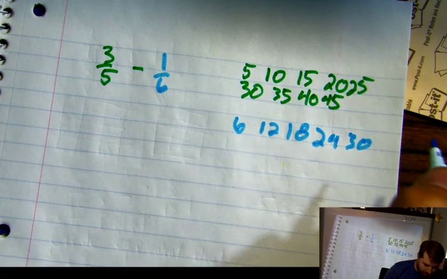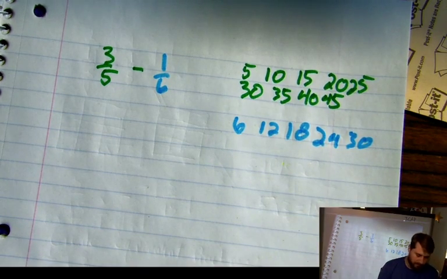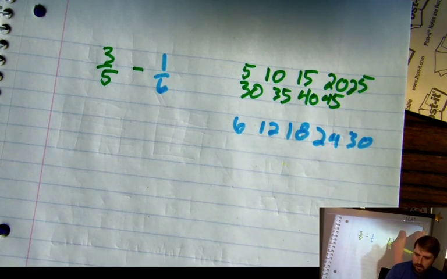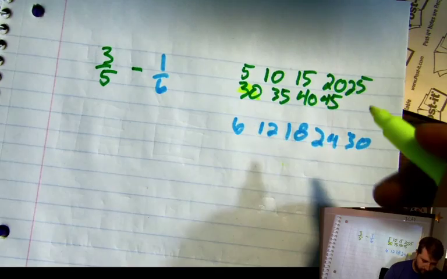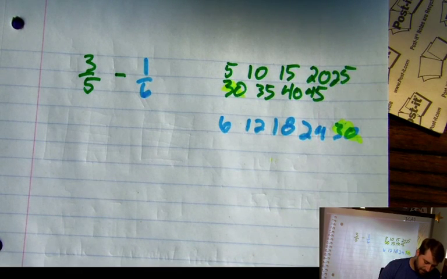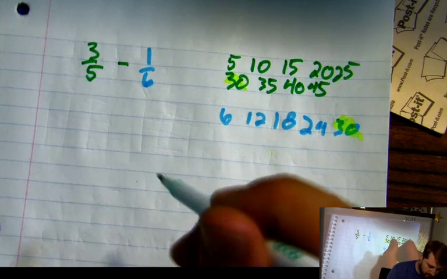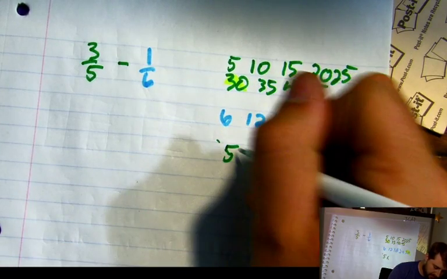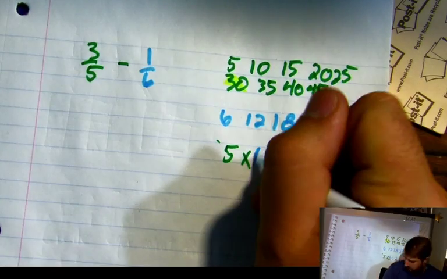But I can stop at 30 because I've noticed that there's a 30 in both lists. I bet you also realized, 5 times 6 equals 30.